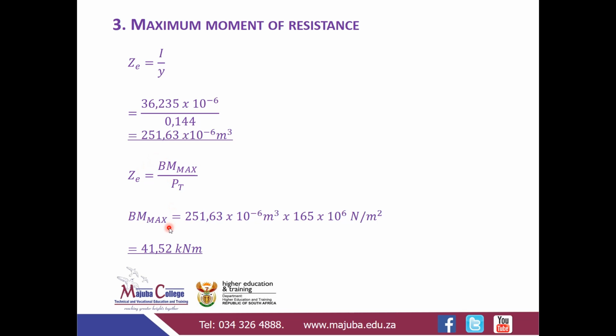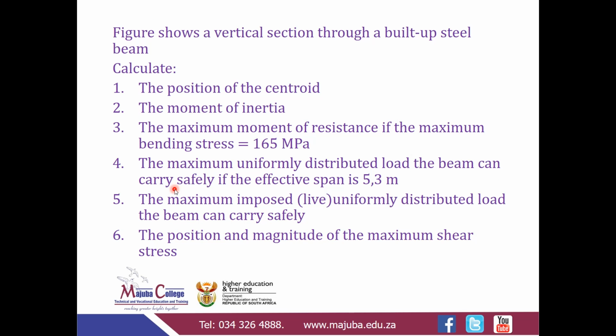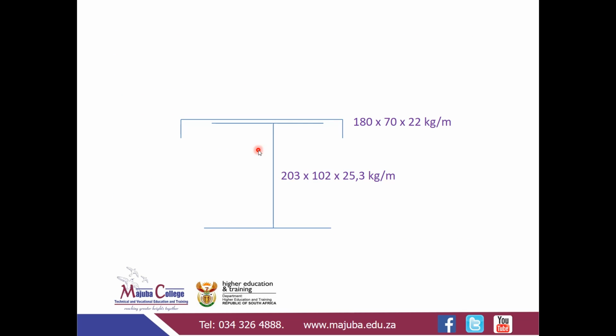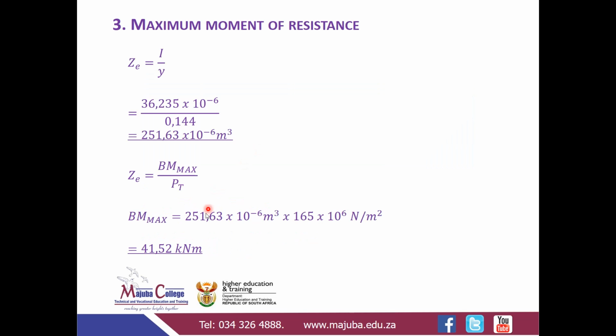So remember ZE is 251 over 10 to the power minus 6, which is this one, and then your stress you are given from the equation. Remember, bending stress is 165. All right, bending strength is 165 MPa, so it's gonna be 165 multiplied by 10 to the power 6 Newton per meter square.